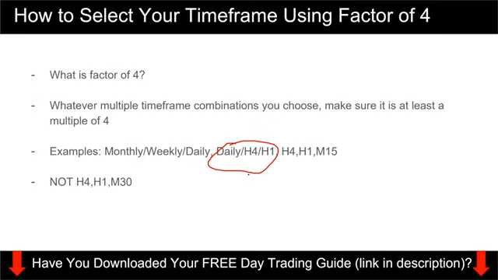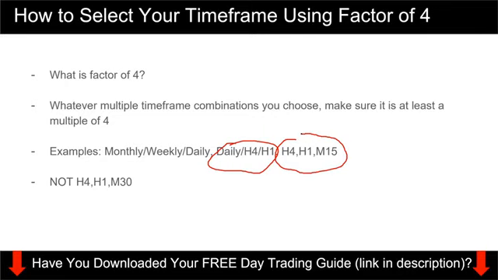H4 to H1 is of course a multiple of 4 as well, because 4 H1 candles make a H4 candle. So that is the other combination, or you can even use this one over here, which is H4, H1, M15. Same thing again, it follows the rule of factor of 4. So H4 to H1, it's a multiple of 4. H1 to M15 is again a multiple of 4. So you just want to follow this rule.